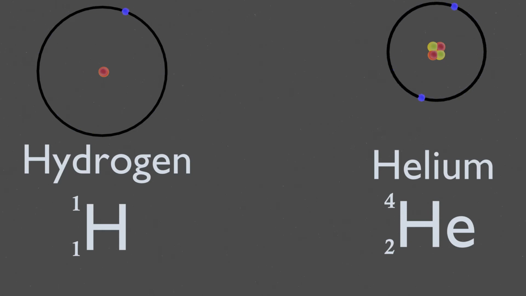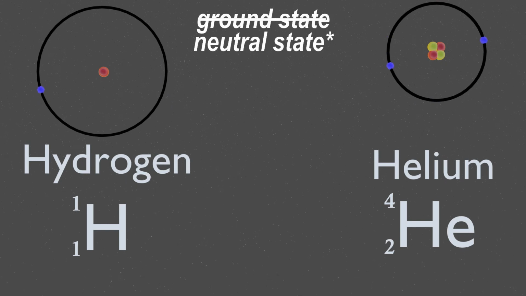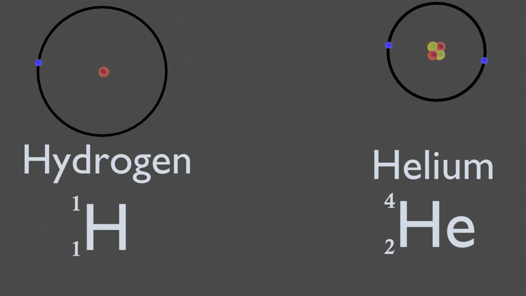If we're only looking at one single atom of a specific element, it will always have the same number of electrons as it does protons. Now, when we start bonding these elements with itself and with other elements, we're going to have a changing number of electrons. So in their ground state, not bonded to any other element or to itself, the electrons are going to be the same number as the protons.